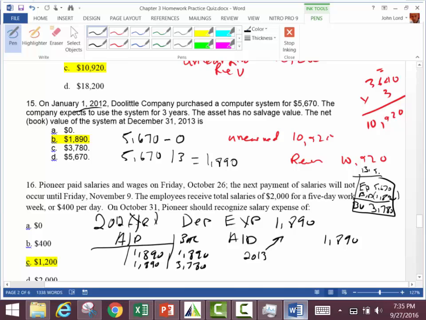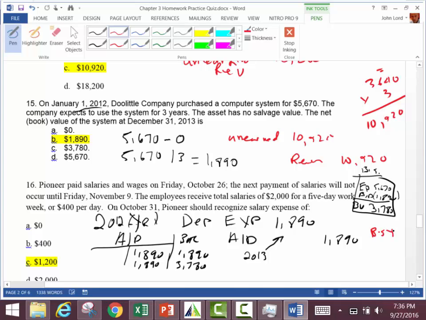Now I go ahead and prepare my balance sheet for year 2 in this little scenario. Balance sheet.